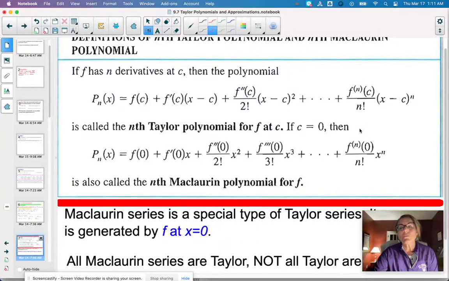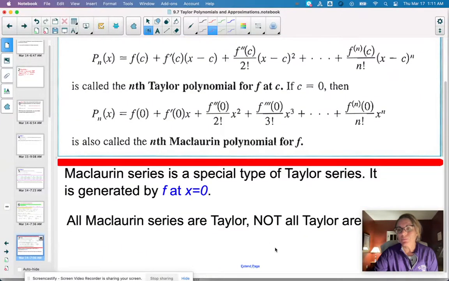Now, there is a special kind of Taylor polynomial, and it is a Maclaurin polynomial. If you are ever told that c is equal to 0, it is automatically called a Maclaurin. It's still a Taylor, but it's a special subset of the Taylor polynomials.